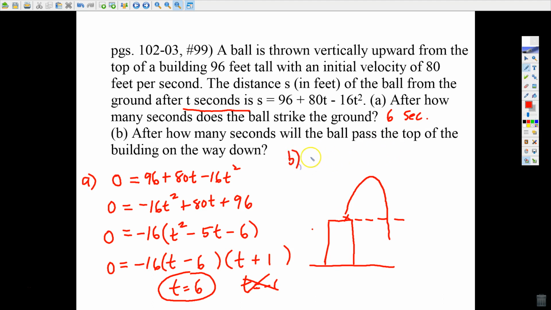This is part B. Negative 16t squared plus 80t plus 96 equals 96. Okay, so when we solve, we subtract 96 from both sides. That equals 0. We can factor out negative 16 again. Actually, negative 16t this time, because we have t in common.